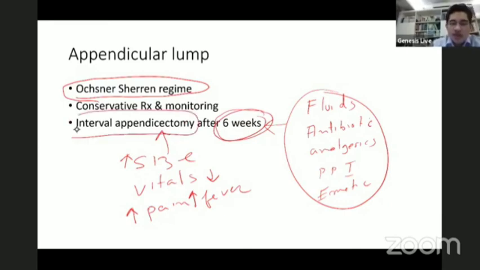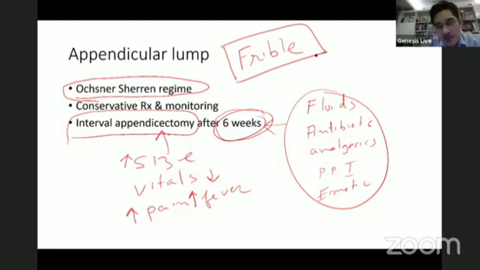Why 6 weeks? Because initially, when there is an appendicular lump, the lump is formed by the appendix. It also has the cecum, the terminal ileum, the greater omentum, mesentery, many other things. So it's a very inflamed area, and inflamed areas are always friable. So if you want to dissect a friable area, there's always a chance that injury may happen to the terminal ileum, or even worse, the cecum. That's why you don't do the surgery immediately.